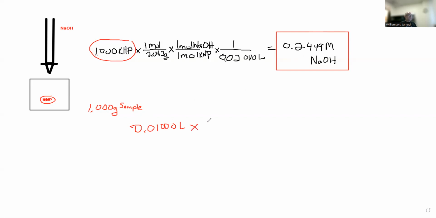I'm assuming 4 sig figs accuracy, right? And the average concentration was 0.2449 moles of sodium hydroxide per liter.